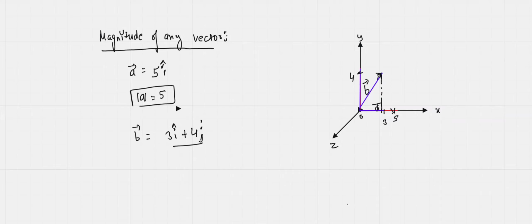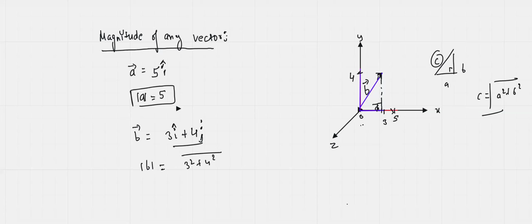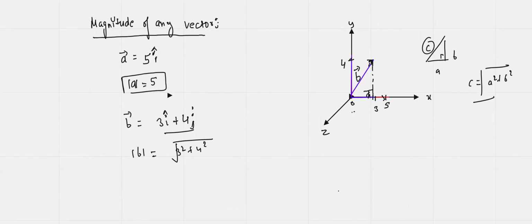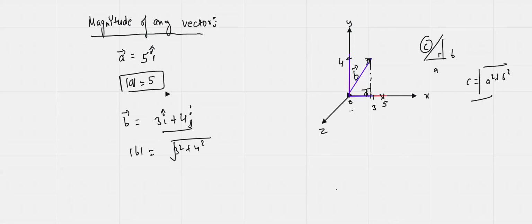If I have to calculate the actual length of this b, what will it be? If you see, this is like the right-triangle condition, right? Given a, b, I can simply say that c is nothing but the square root of a squared plus b squared. So here also I can simply say that the magnitude of b will come out as the square root of 3 squared plus 4 squared. Okay. Now let's go into a bigger picture.